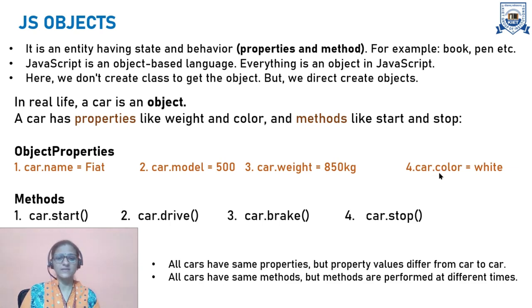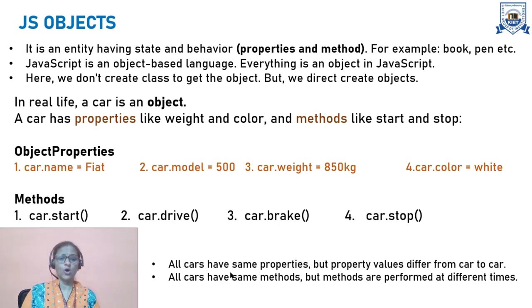This is called the property of the object car. The various methods, the behavior performed by the car, are car.start, car.drive, car.brake, and car.stop. This is the action, the activity, the behavior which can be done by the car. And these are the properties or the fields associated with the object.